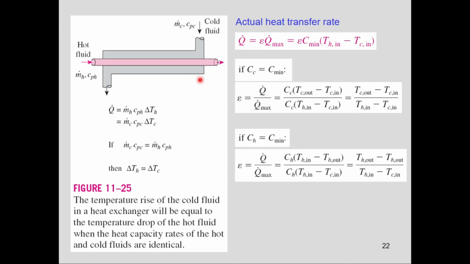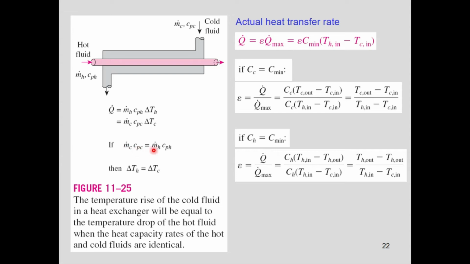So here I will first explain this diagram: the hot fluid is entering in the inner pipe and the cold fluid is entering over here. The mass flow rate of the hot fluid is m dot h and the specific heat is Cph, and similarly this is the mass flow rate and the specific heat for the cold fluid. The product of these two is the heat capacity rate. The temperature rise of the cold fluid in the heat exchanger will be equal to the temperature drop of the hot fluid when the heat capacity rates of the hot fluid and the cold fluid are identical.